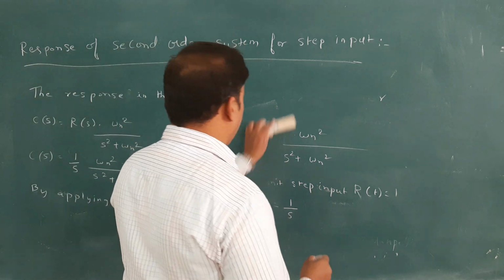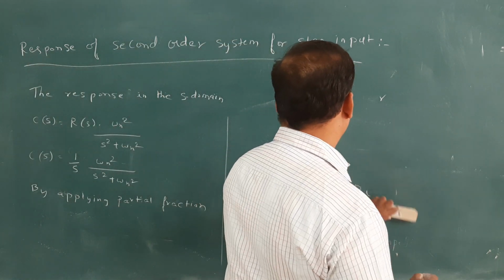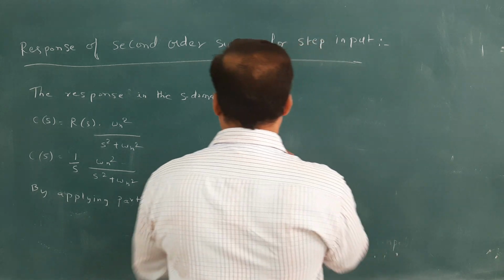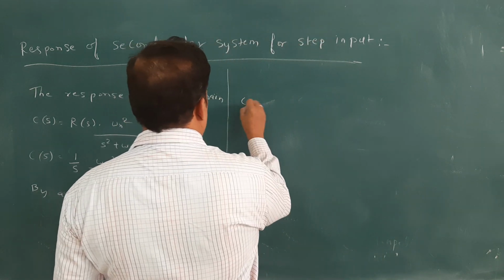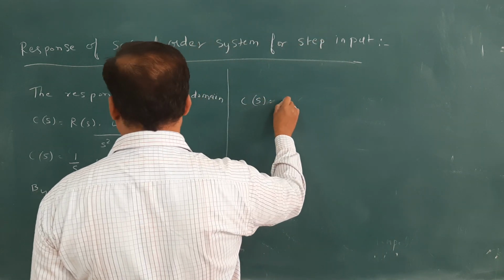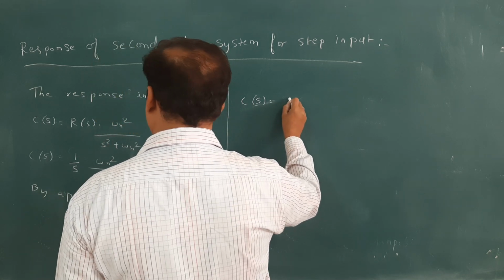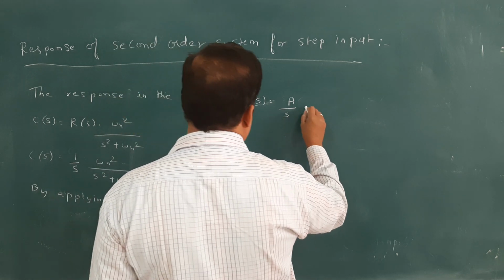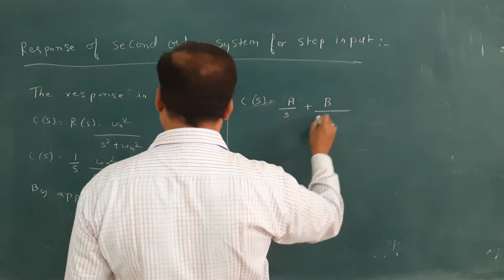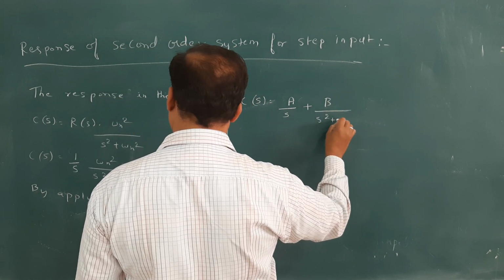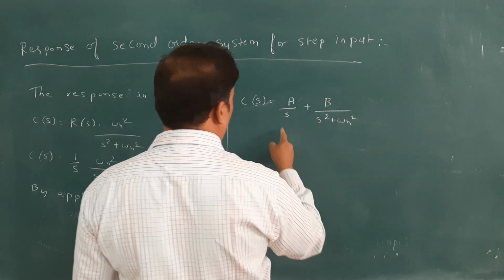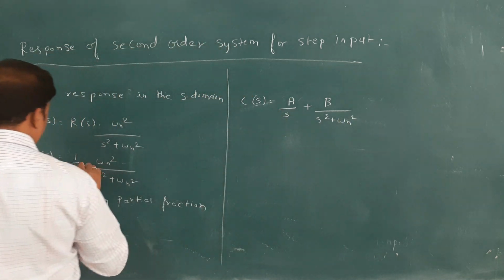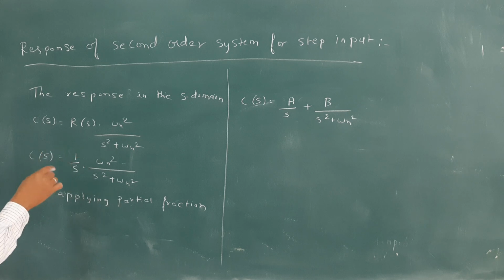So we write C of s is equal to a by s plus b by s square plus omega n square. The equation is divided into two partial fractions.